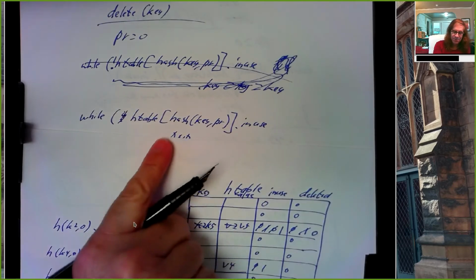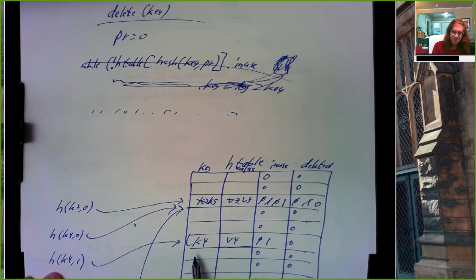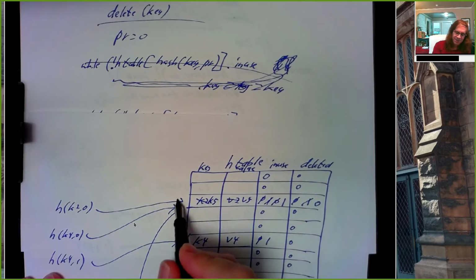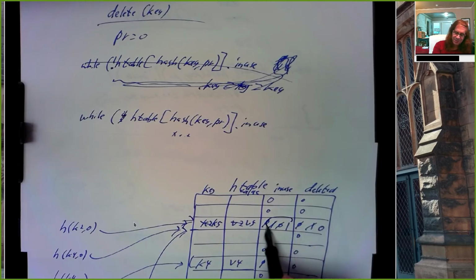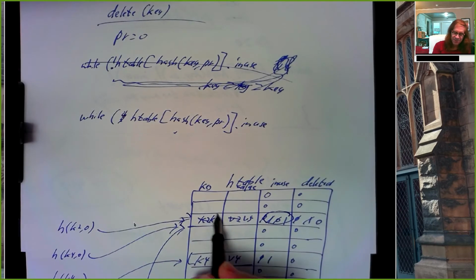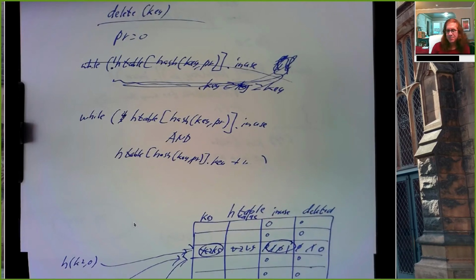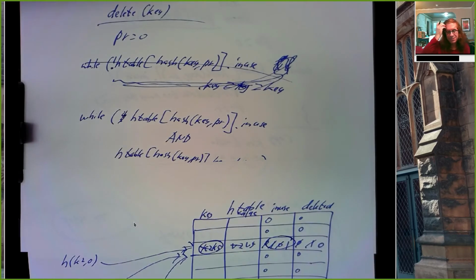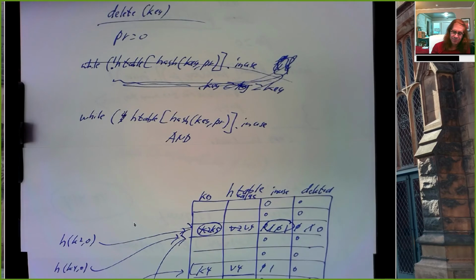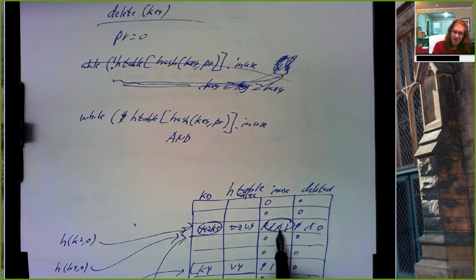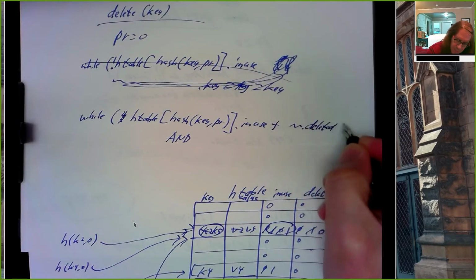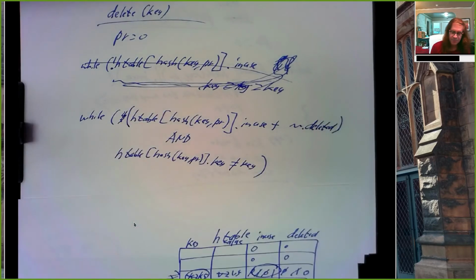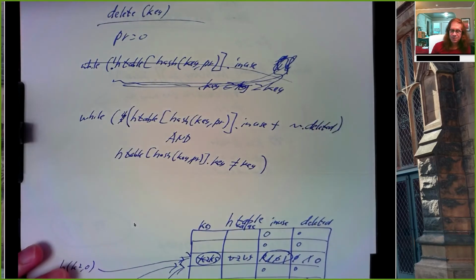So make your first hash attempt, find an index. If that is in use, but the key doesn't match what we're after, then we need to hash again. If this is not in use, but the flag was deleted, then we also need to go on.